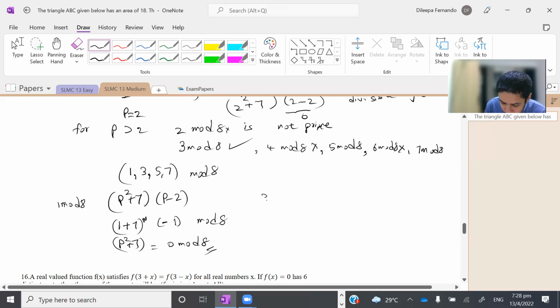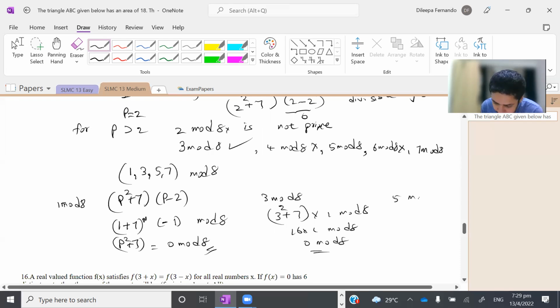So let's do for 3 mod 8. 16 mod 8. So 16 is 0 mod 8, divisible by 8.